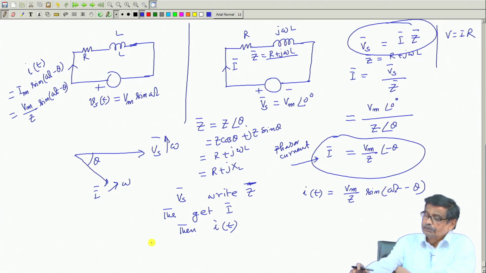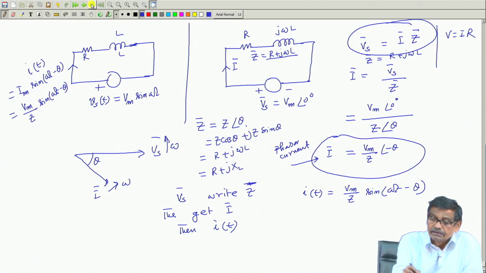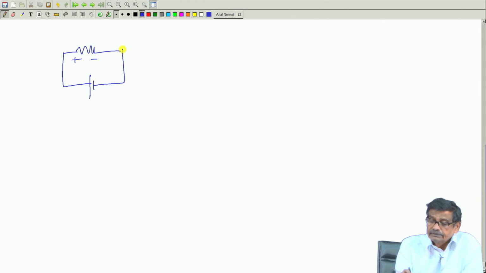See, it has got a tremendous, now I am going to make a very big statement. Now, in case of DC circuit, I told you this is the battery and this is the current and this is R, and we know that E is equal to IR.